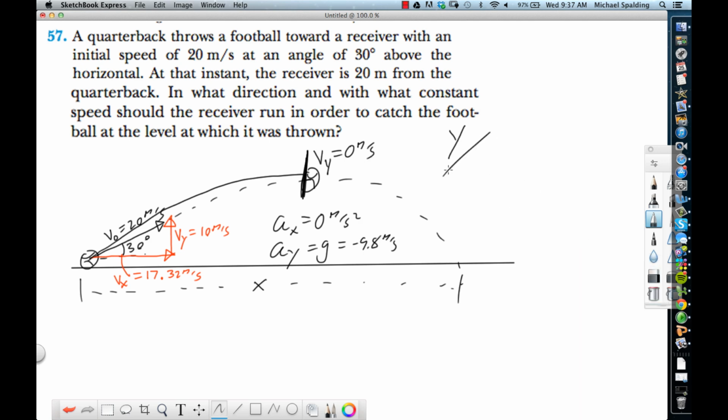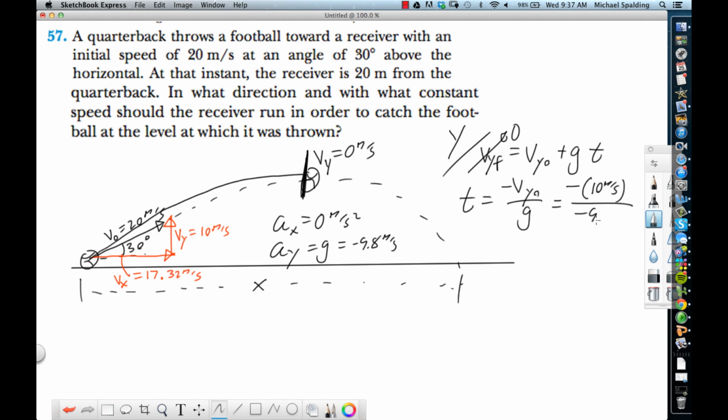So using the y direction, we're going to go Vy final equals Vy initial plus gt. That's the third kinematic. Vy final is 0. So now you can solve for t: negative Vy initial over g. Vy initial was 10, and g is negative 9.8.